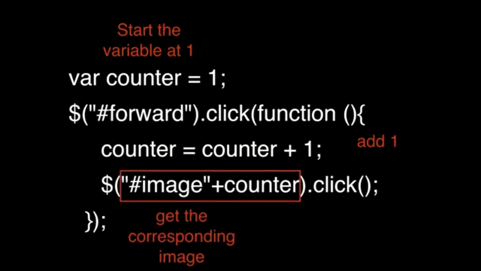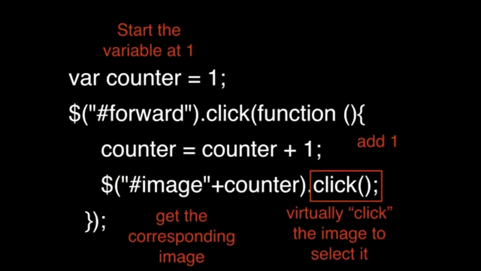And this is the bit that's different. Instead of just displaying the variable value, we're using it to get hold of an image. And again, that's just like any other bit of jQuery where we're getting hold of something by its ID, but now we're using this variable to create that ID from our program. And then we're just using click to virtually click, selecting this image.